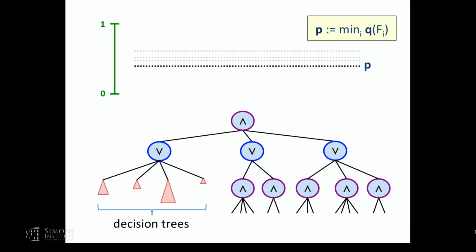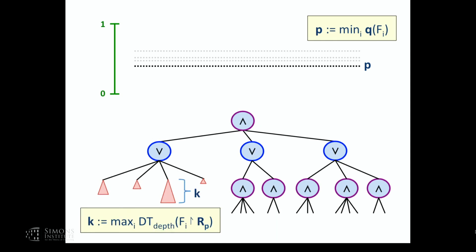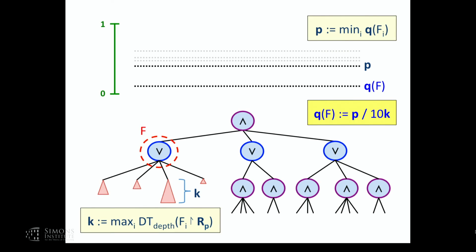And what we get are some decision trees out of the switching lemma. We'll let k be the maximum depth of these decision trees, so it's the maximum decision tree depth of one of the children at time p. And then this leads to the definition of the stopping time of f: it's going to be p over 10 times k.